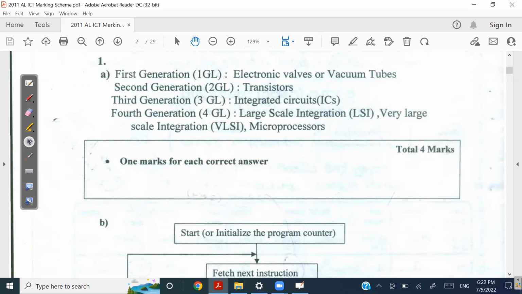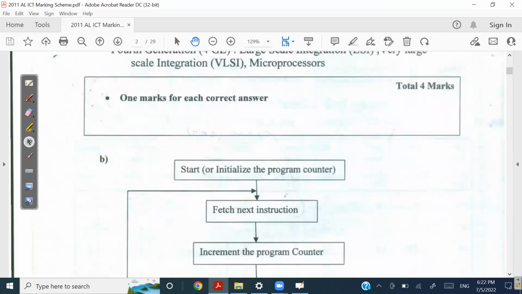If they ask about the fifth generation, it should be ultra large scale integration, ULSI, right? So 4 marks are given for the first answer of this structured paper, the first part.